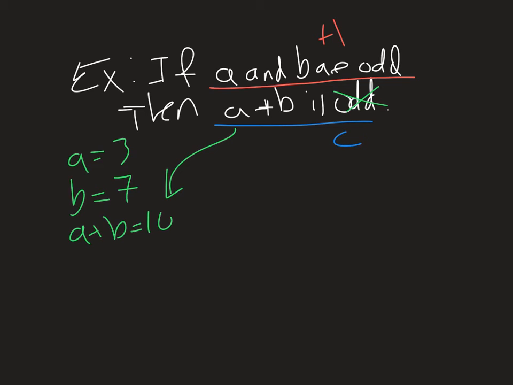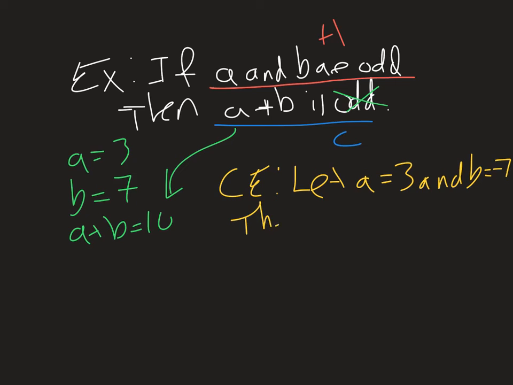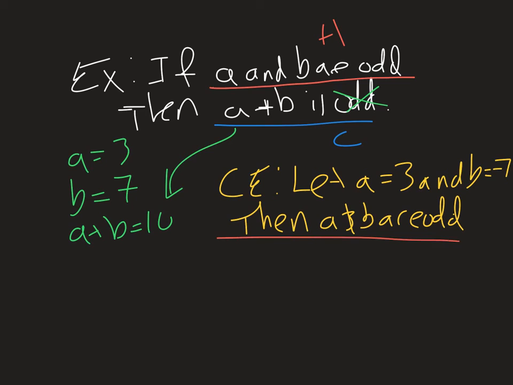So, for a counterexample, the way to write this, I would say, let A be 3 and B be 7. Then I can say A and B are odd. I've met the hypothesis. That's what I'm saying here. With all this, I'm satisfying the hypothesis.